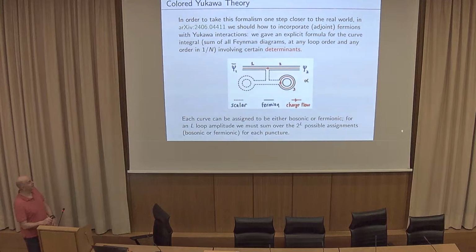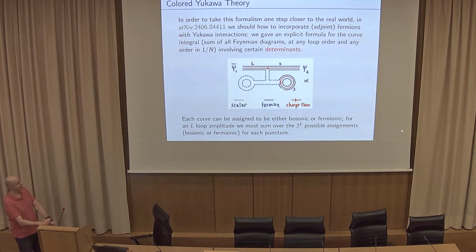So here's an example of a contribution to a 2-point amplitude, psi bar psi, and there's a natural way to generalize this: you can assign to each curve on the surface either bosonic or fermionic, and in an L loop amplitude you have to sum over 2 to the L possible assignments of the curve that goes around its puncture.